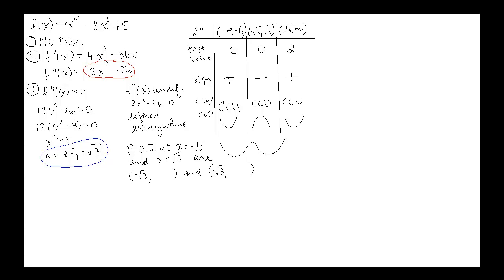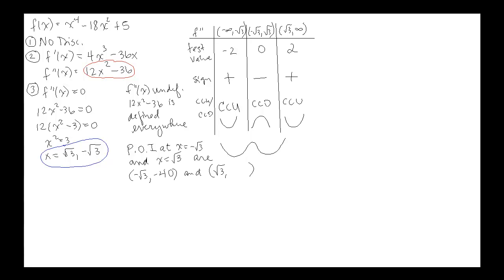Negative root 3 to the 4th. Negative root 3 squared would be 3, and then another one of those would be another 3, so it would be 9. Or we could do answer raised to the 4th power minus 18 times answer squared plus 5. Negative 40.